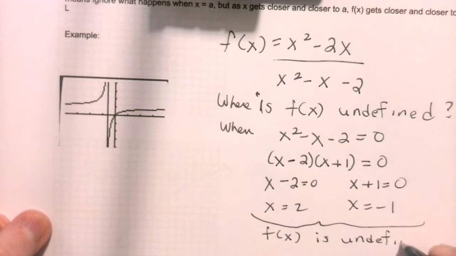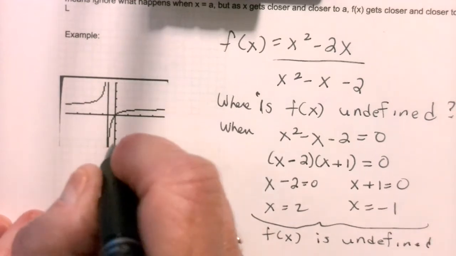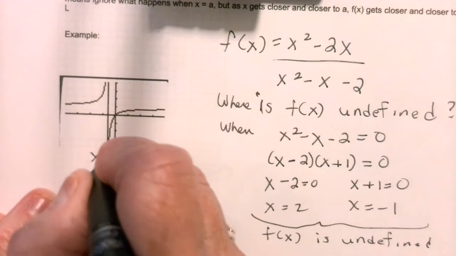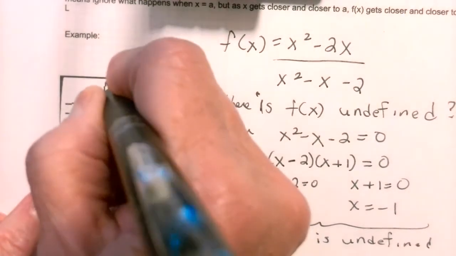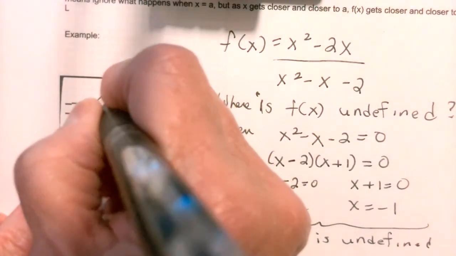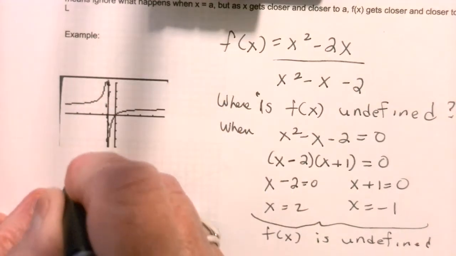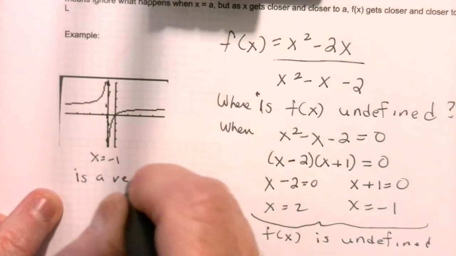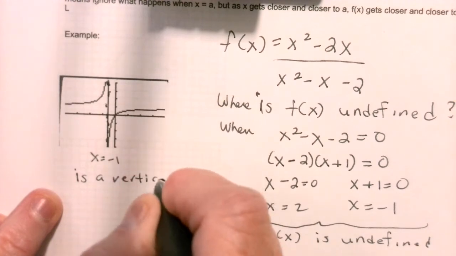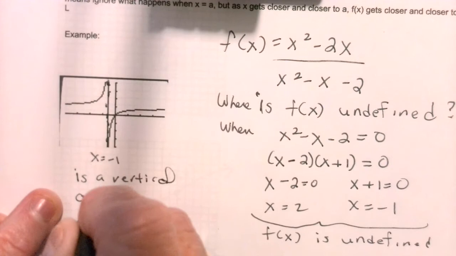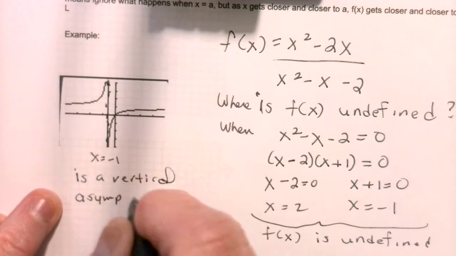Now, if we look at the graph up here, we can see that this is where x is equal to -1. On your calculator it might put a line here, it might put little dash lines, but this is a vertical asymptote. You studied vertical asymptotes in college algebra and probably also in trig.